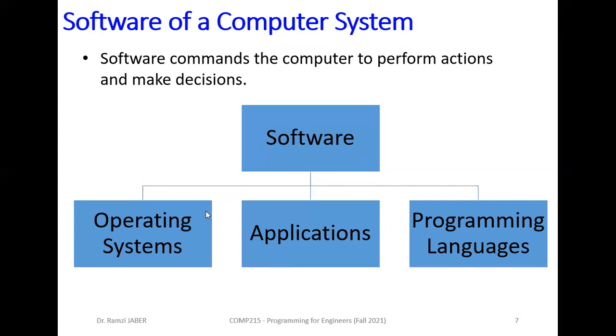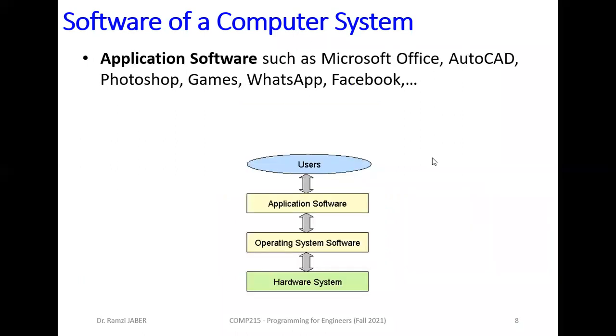Now, application software is any application you have, like Microsoft Office, AutoCAD, Photoshop, games, WhatsApp, Facebook. So this is called application software.